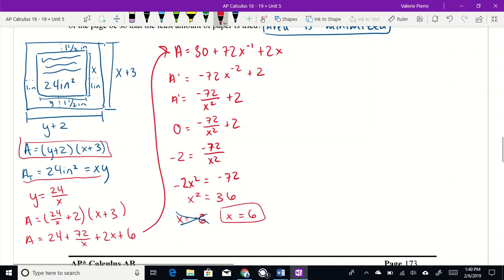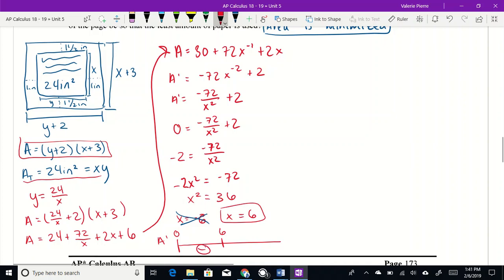All right, so to do sign analysis, the smallest dimension I can have is 0, and then my critical number is 6, and we're looking at the equation A prime. So between 0 and 6, if I plug in a value into my derivative, I'll get a negative number.